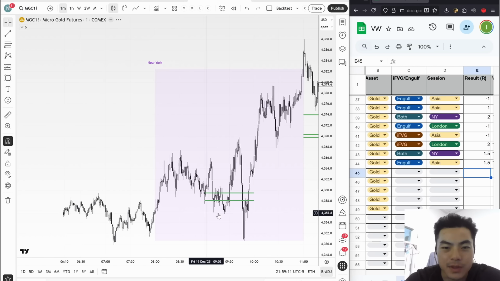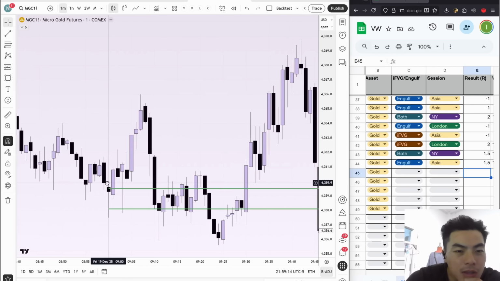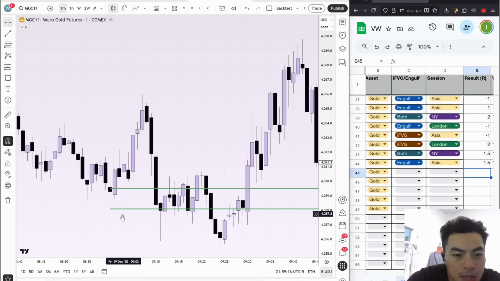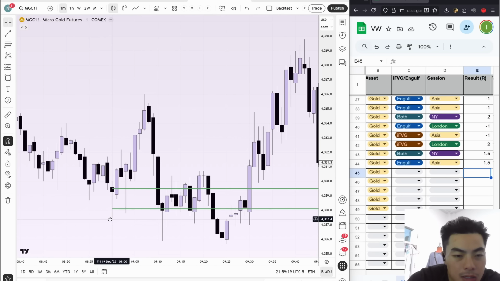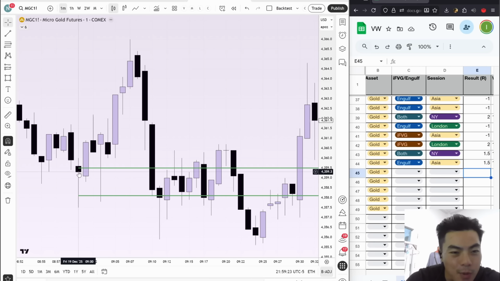Okay, let's have a look at this New York. So as soon as the candle opens, we do actually get our close under it on the very first minute, and then an engulfing right after. So that would be your entry right there.